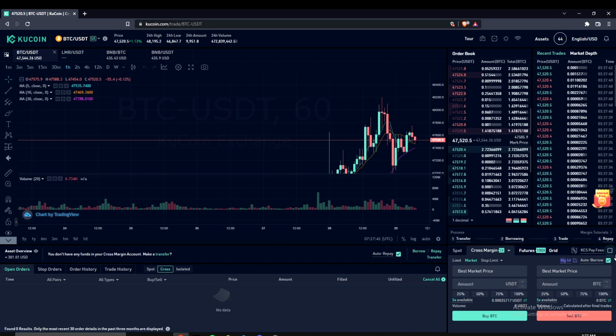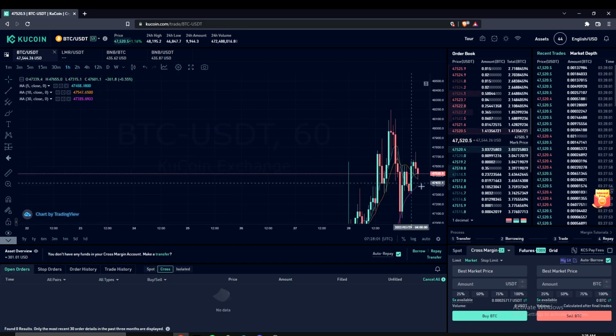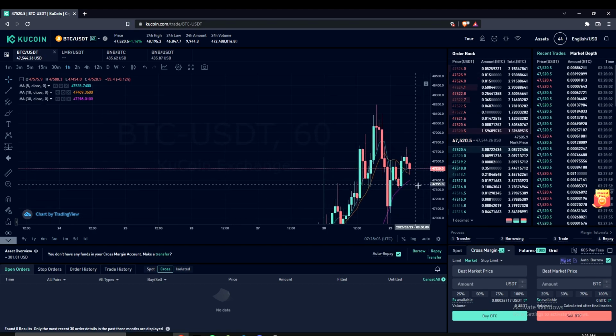And then they give you $500 of Bitcoin for your $100 of USDT. Now, what you're doing is taking that $500 worth of Bitcoin and turning it into $500 worth of USDT in the hopes that it drops, and then you can repay that $500 loan for less money because you're repaying it in Bitcoin, not in any other crypto.